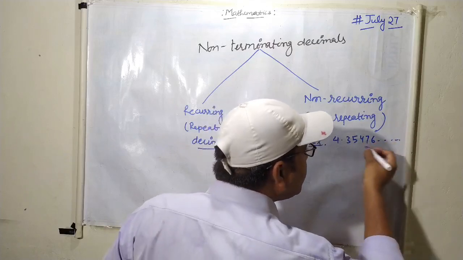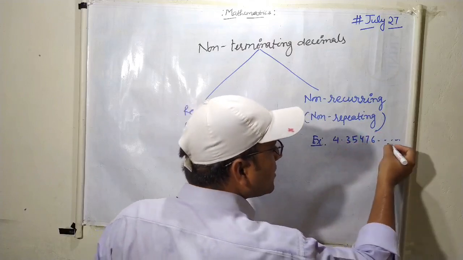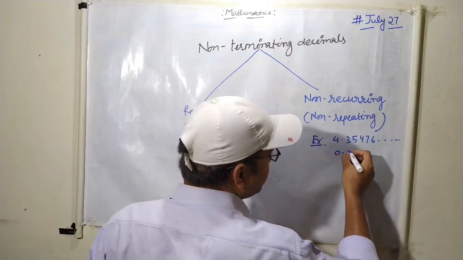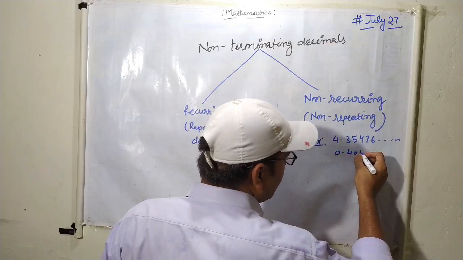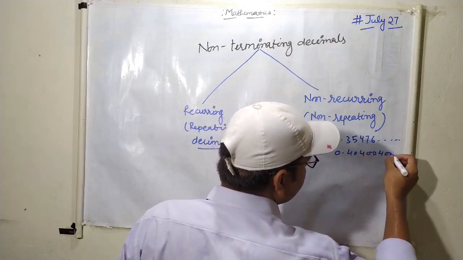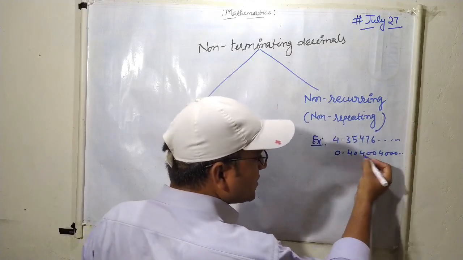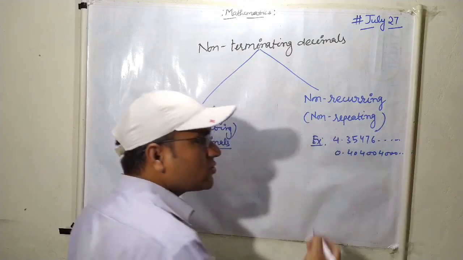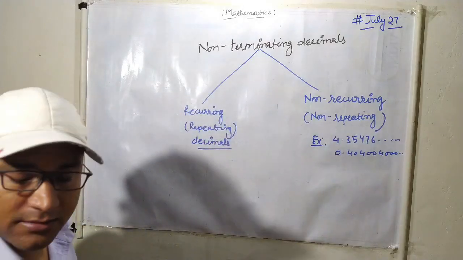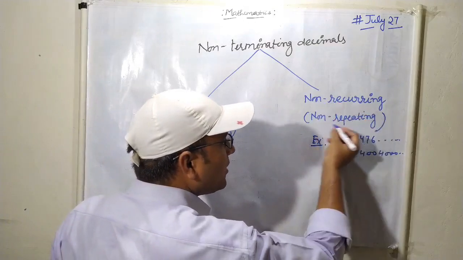It is not repeating in the decimal points, like 0.404004000. It is not repeating, students. It comes different: here is 1 zero, here 2, here 3. It means it is not repeating decimal points. So it is a non-recurring, non-repeating decimal.